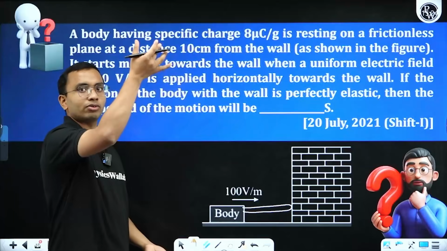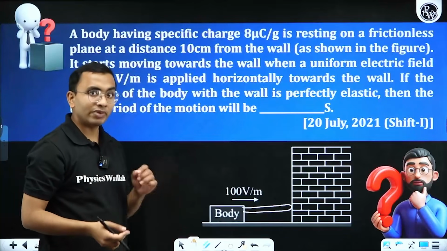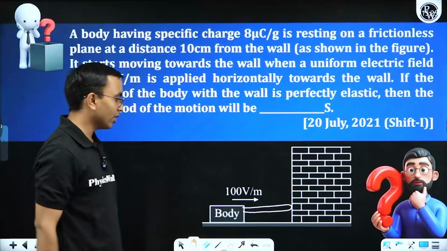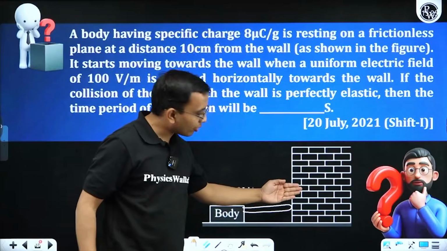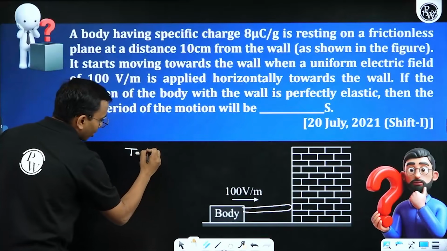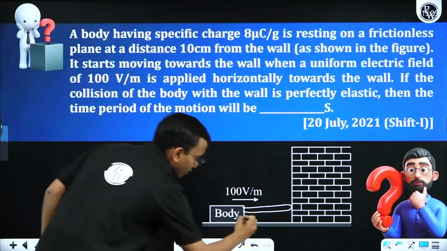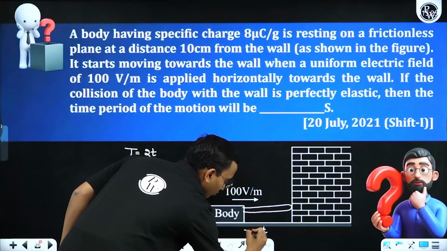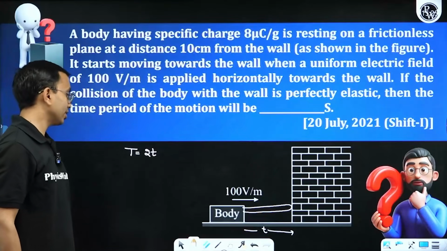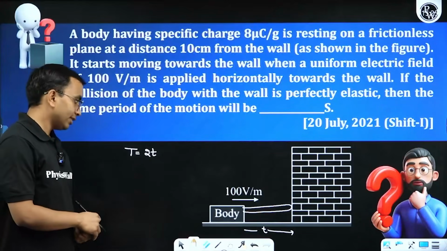The same time it will take to go up, same time it will take to come back when the acceleration is uniform. So acceleration is uniform, therefore I am saying this. So what is the time it takes to go and strike? Let us take that as t. So the time period will become twice of this t. This t is the time to go from here to the wall. That is my t. Now how to find that t?